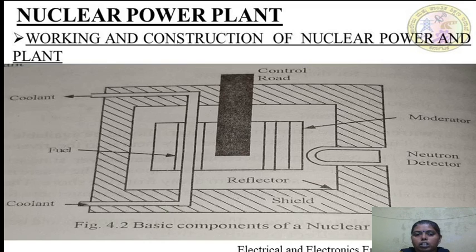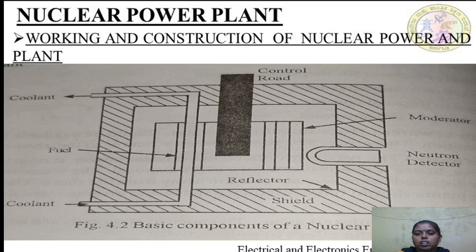So this is the construction of a nuclear reactor. Inside this nuclear reactor, a channel or a tube has been constructed so that a coolant can be passed in these tubes, that is inlet and outlet for the coolant.